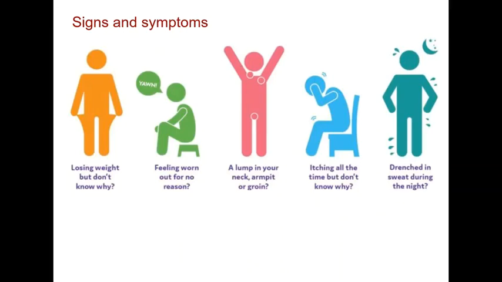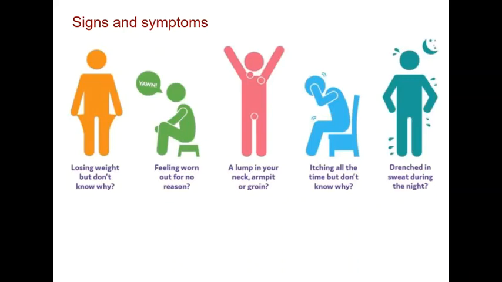What are the signs and symptoms? Signs and symptoms are not very well marked. A lot of these signs and symptoms can be confused with other diseases. For example, losing weight for unknown reasons, feeling worn out or tired for no reason. There can be lumps in the neck, armpit, or groin region.